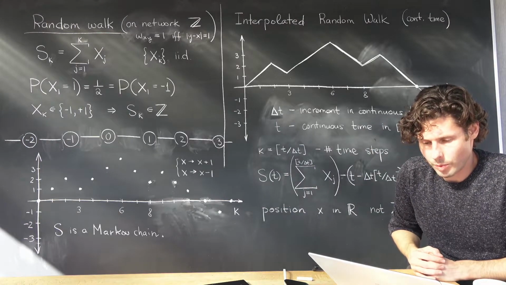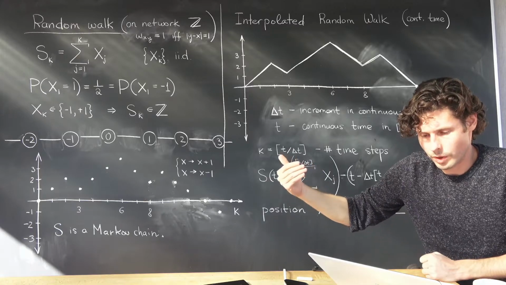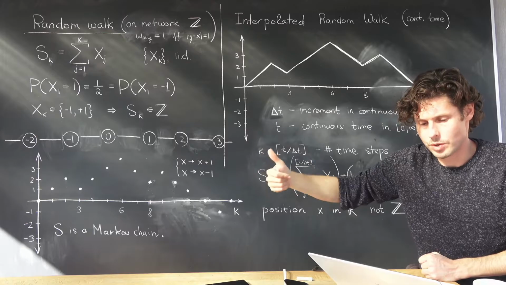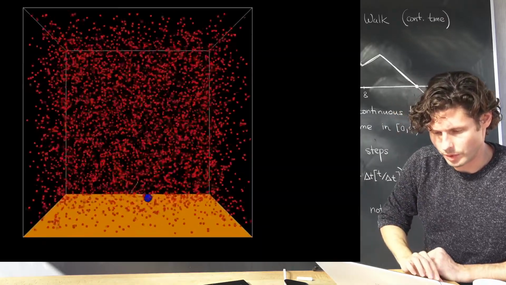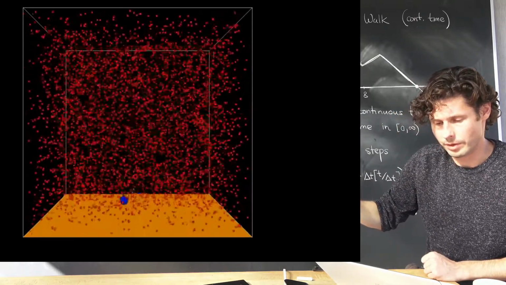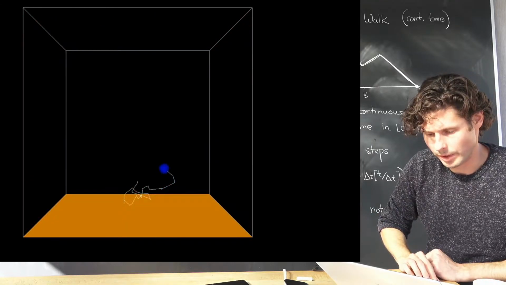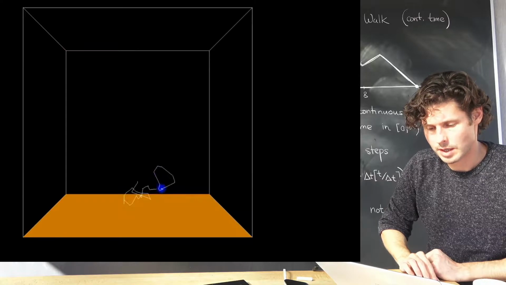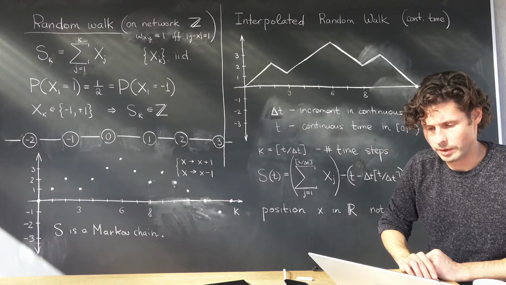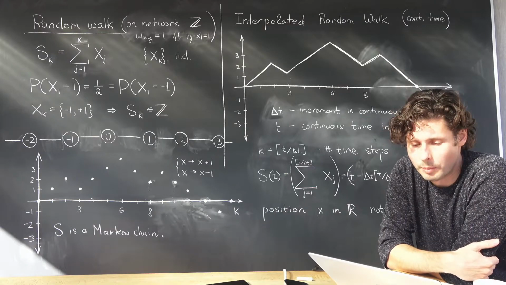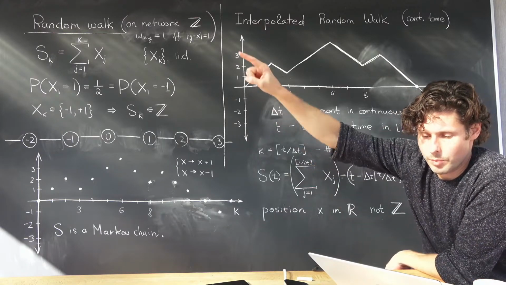It's important to keep in mind that when you move this way or that way, it corresponds to this blue particle getting hit from the left or the right. In other words, being bombarded from the left or the right, and that's what's causing this jagged motion. And we're just thinking about it in 1 dimension, but there's nothing to prevent you from taking your network to be Z3.